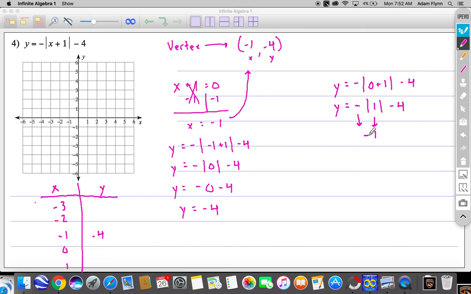So all of a sudden I have negative 1 minus 4 for y, and negative 1 minus 4 is going to be negative 5. Okay, which also means when I plug in negative 2, I'll also get negative 5. Because negative 2 and 0 are the same distance away from negative 1. Okay, they're both 1 unit away.